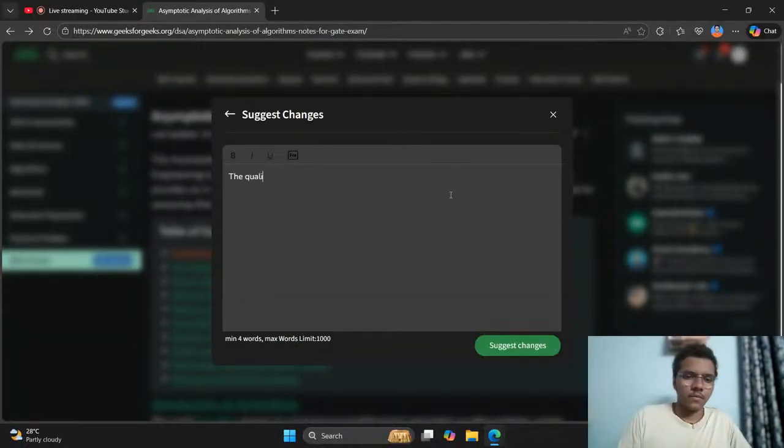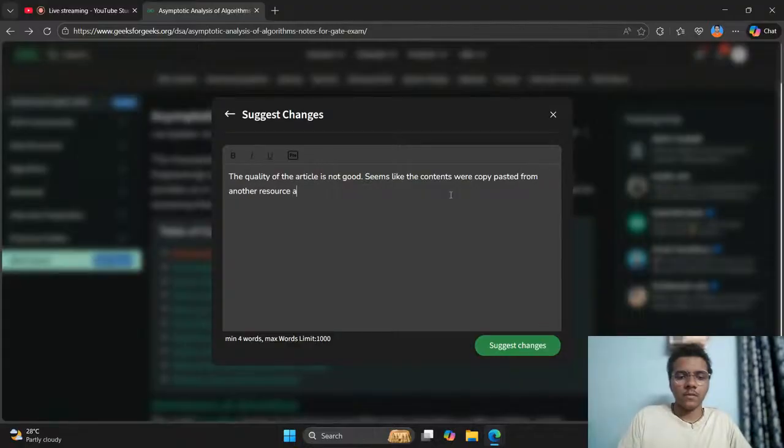The quality of the article is not good. Seems like the contents were copy pasted from another resource, and that copy pasting was not done accurately.